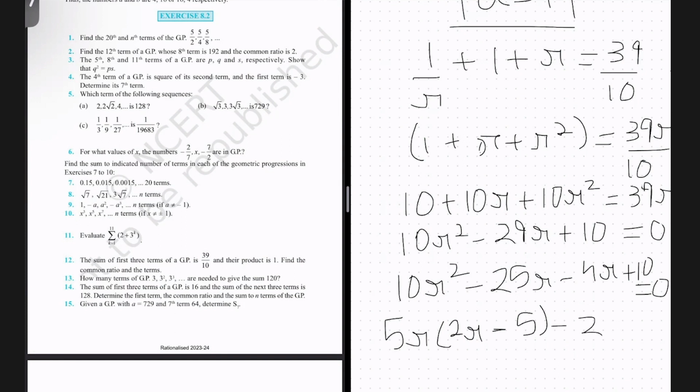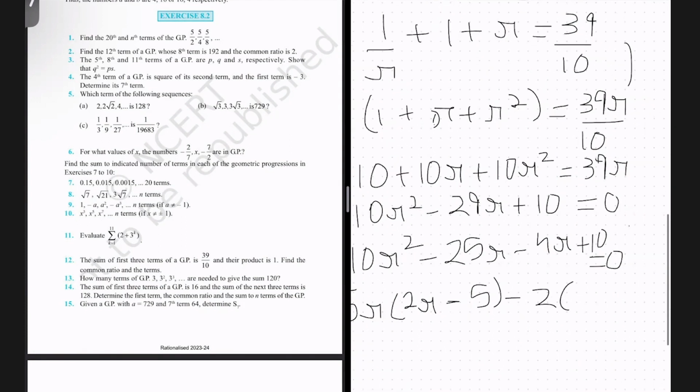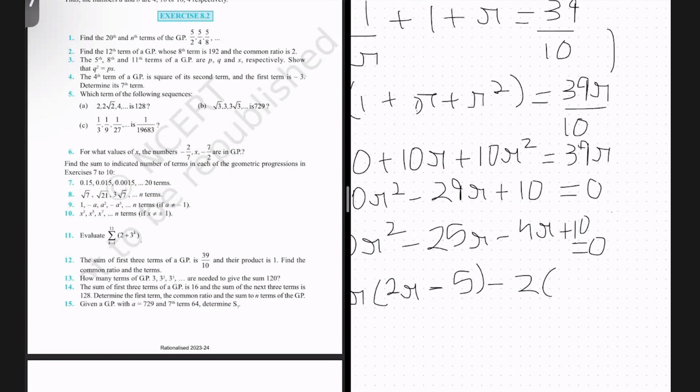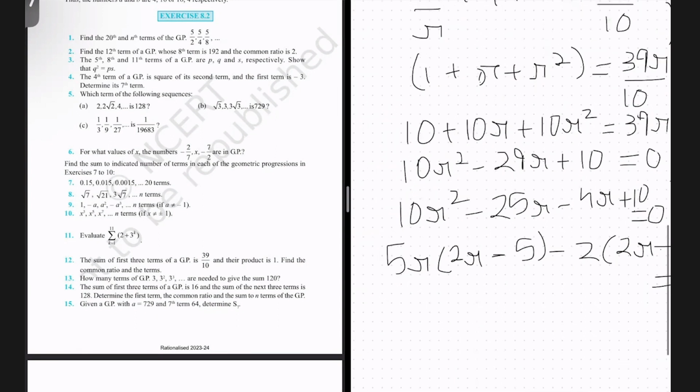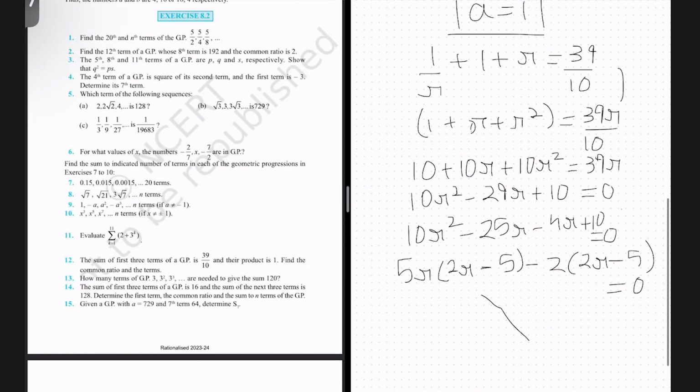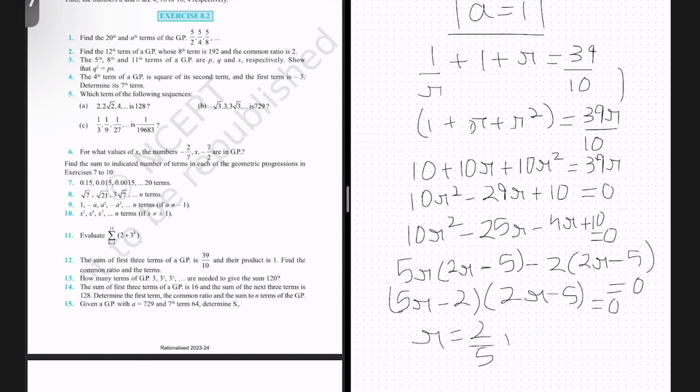Similarly, we get minus 2 common here, so you get 2R minus 5. We have separated these out and you now have 5R minus 2 and 2R minus 5 equal to 0. So R is either 2 by 5 or 5 by 2.